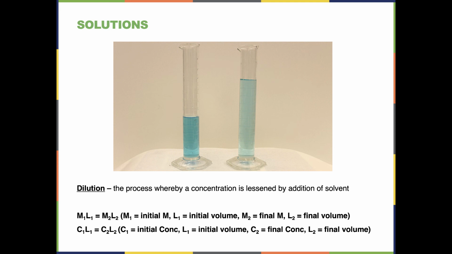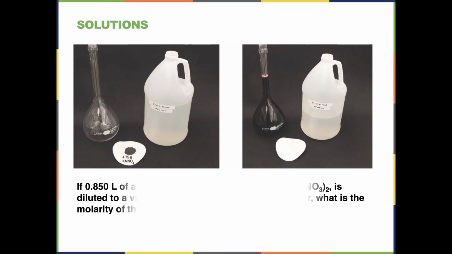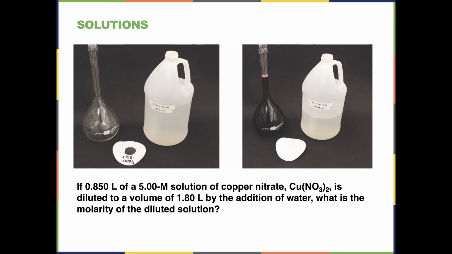The molarity on the right is equal to its molarity times the volume. Another way to think about it is in terms of initial and final volume. So generally in any problem, you're given 3 of 4 of these, and you just have to figure out the other one. So let me show you how to do that.